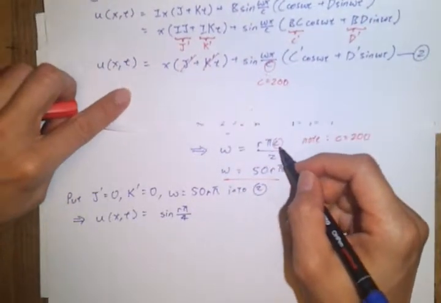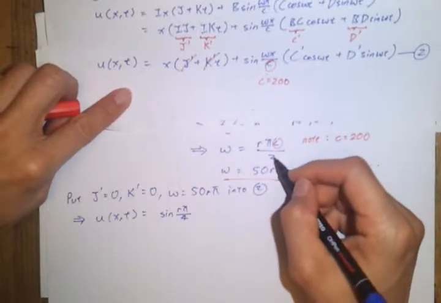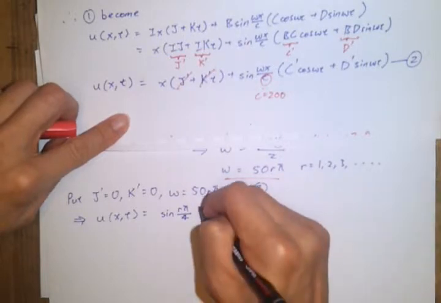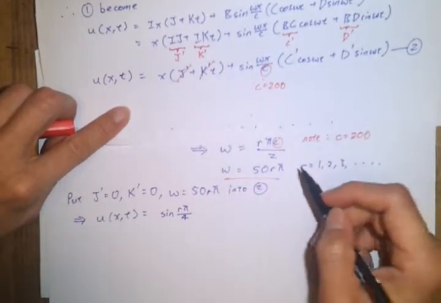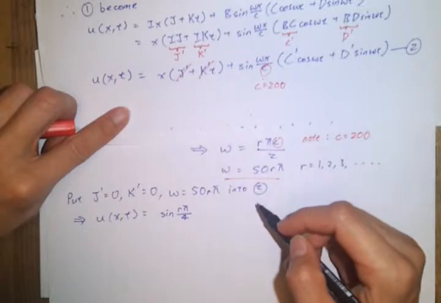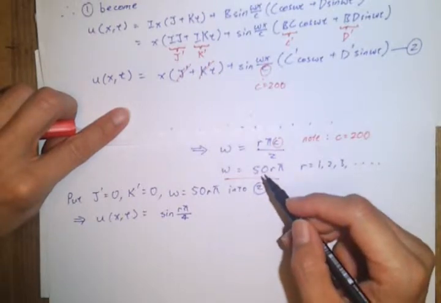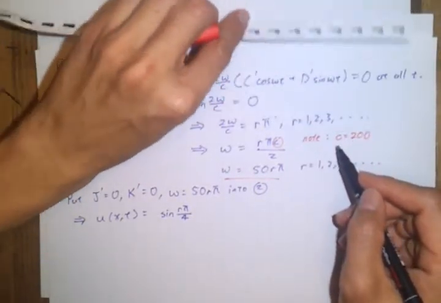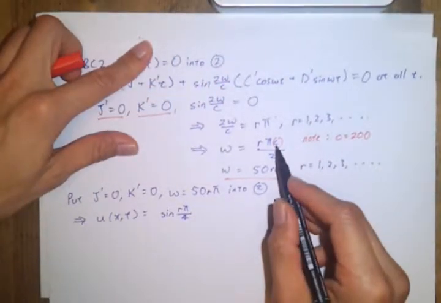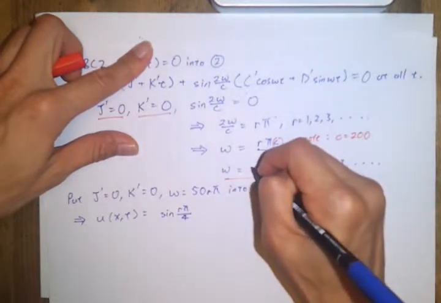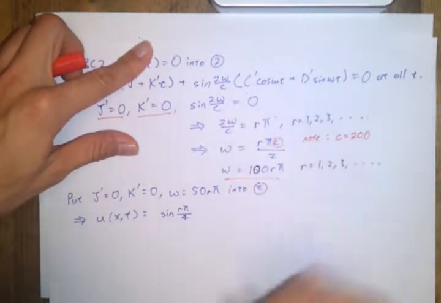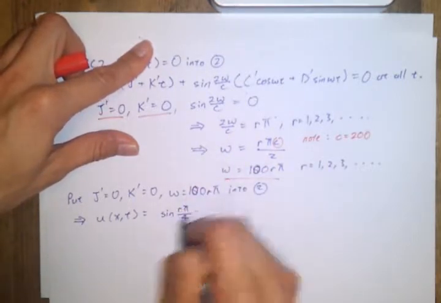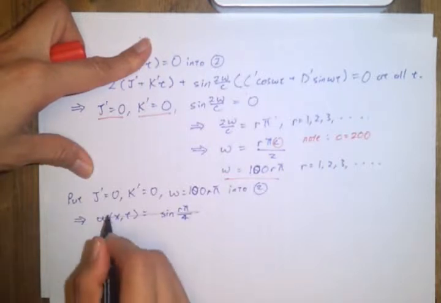Sine, 50 divided by 200 is 4, so we have... oh, sorry, I made a mistake here. C is 200, so 200 divided by 2 is 100. Sorry, mistake here. This is 100.